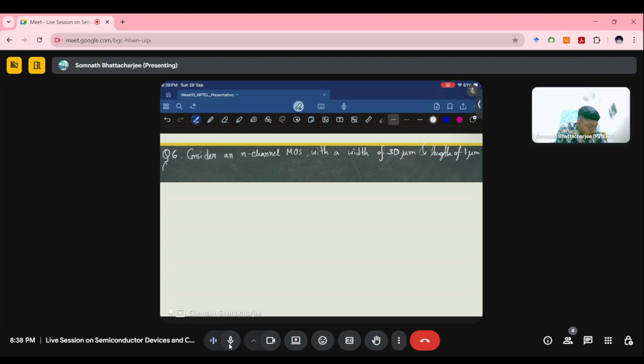They have given the oxide capacitance as 69 nanofarad per centimeter square.